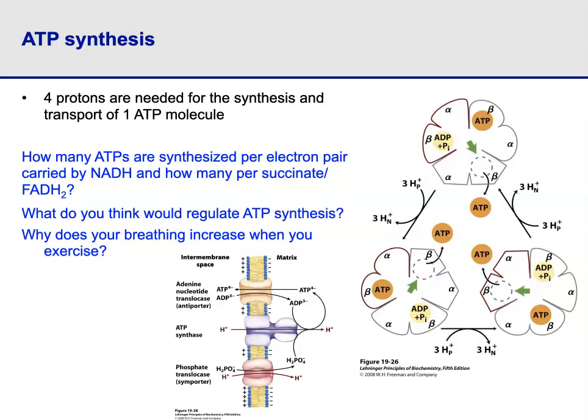Okay, so to our last slide, and this is where I just didn't want you to be confused, but I'm going to make the statement that 4 protons are needed for the synthesis and transport of 1 ATP molecule outside of mitochondria. Because indeed, yes, 3 protons are needed for the release of ATP, but that ATP is basically unusable if it remains inside the mitochondria.